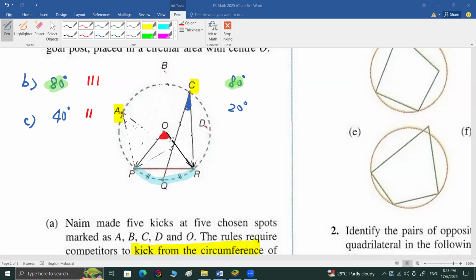Listen, okay, some of you may be confused. So these two, 80 here. If I draw like this, class, I'll be a bit slow here to explain to you all, so that you won't be confused. Okay, see carefully. If I draw the same thing, half of it. Can you say I draw half? Half, is it 40 here? Because I make this only, and this one I draw to the circumference.